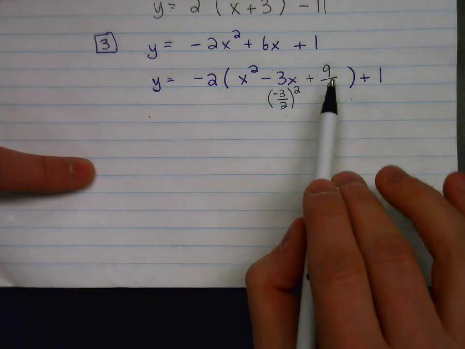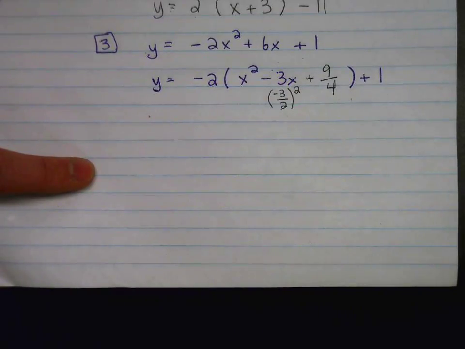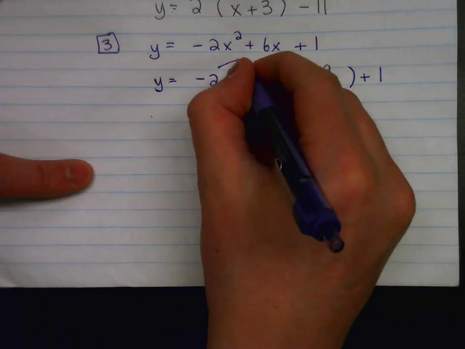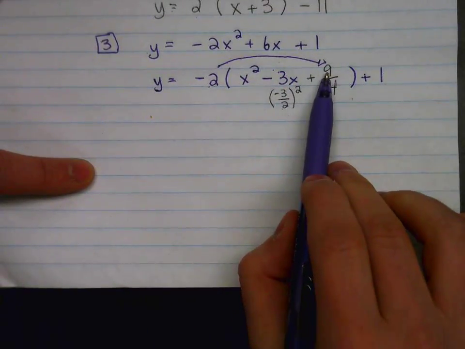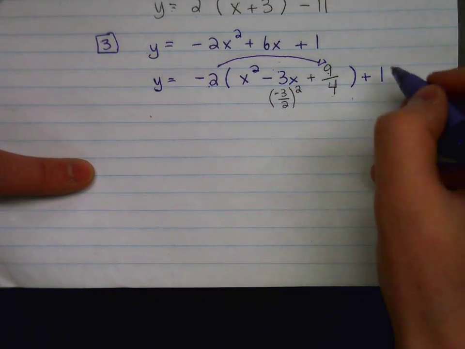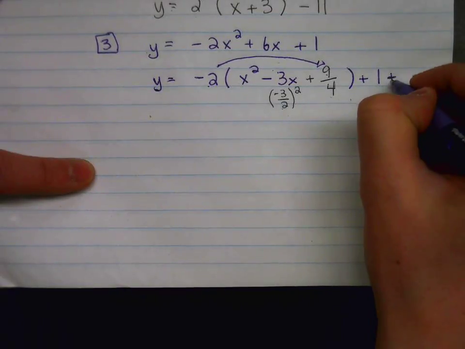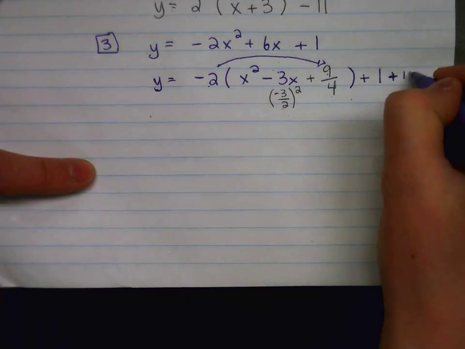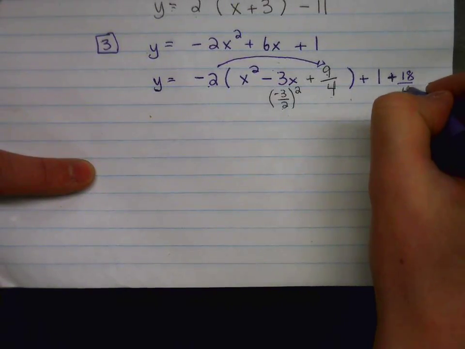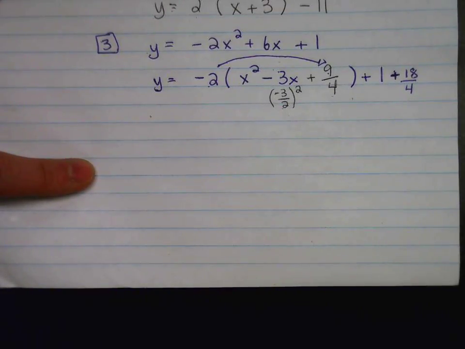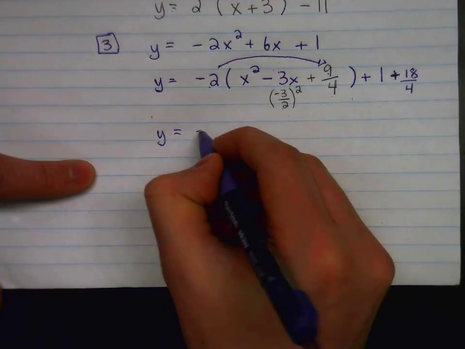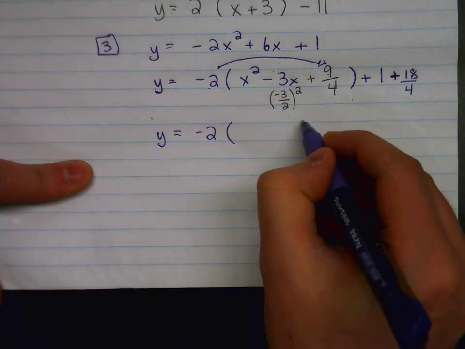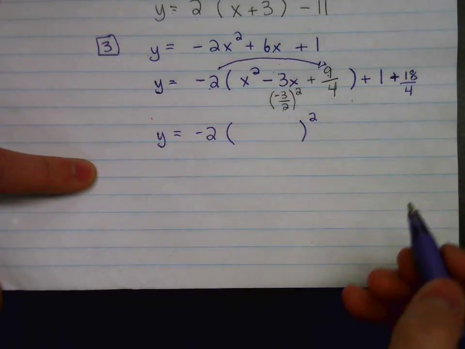We can balance this 9 over 4 by taking its value, which is a -18 over 4, and balance it with a positive number, positive 18 over 4. That is, again, making this the challenging part. So rewriting this as its perfect square trinomial, we have a -2 that is hanging out in front of something squared.